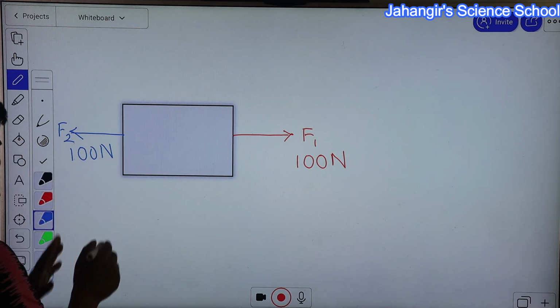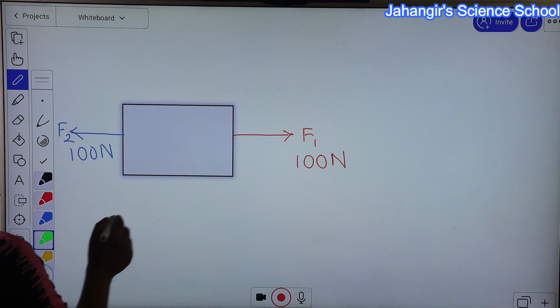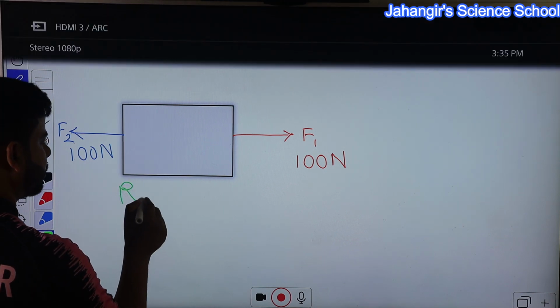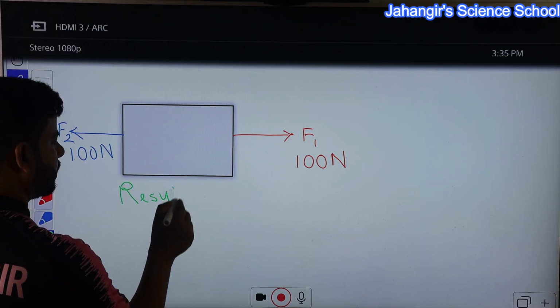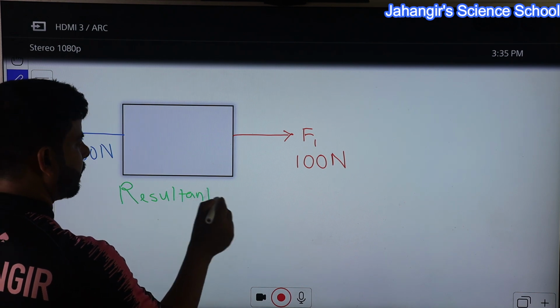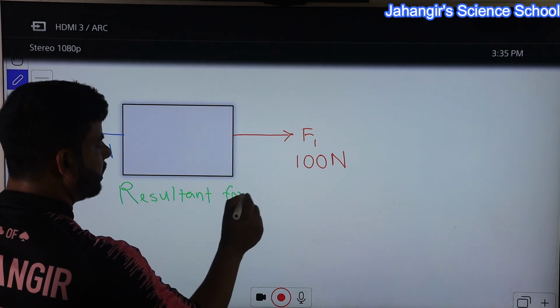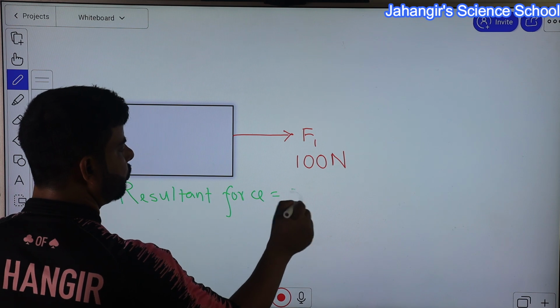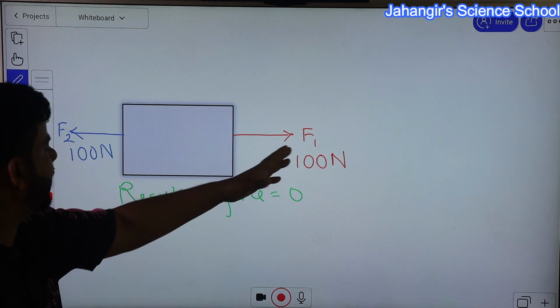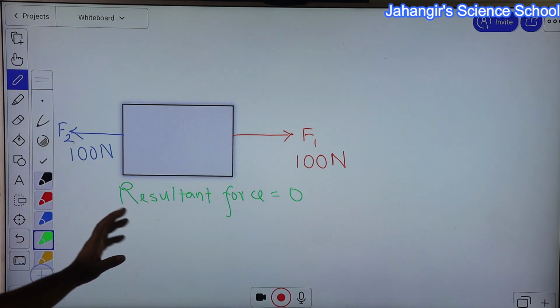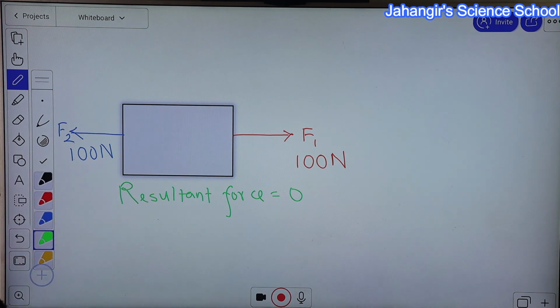So the resultant force here is zero. That's why F1 and F2 are considered balanced force.